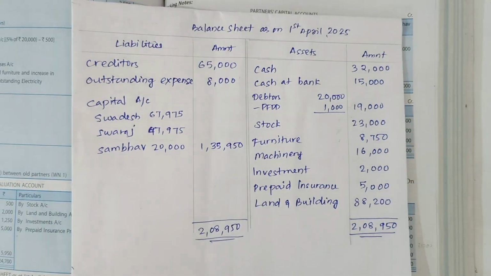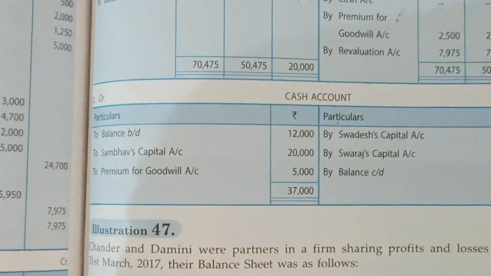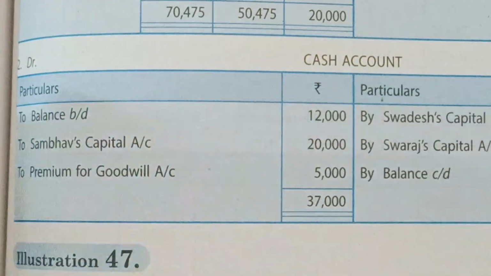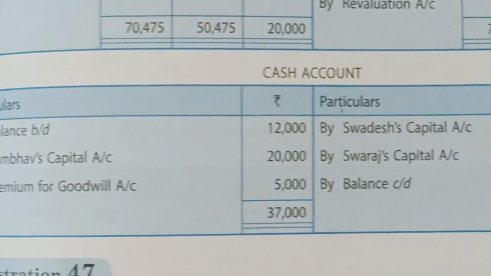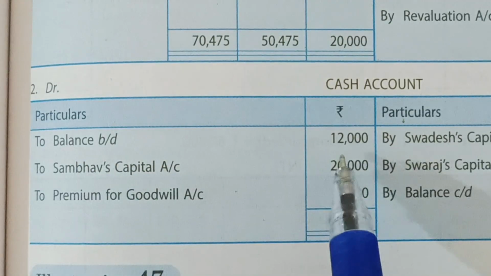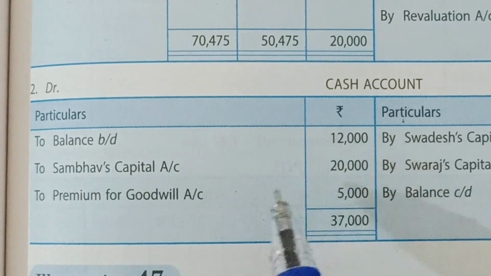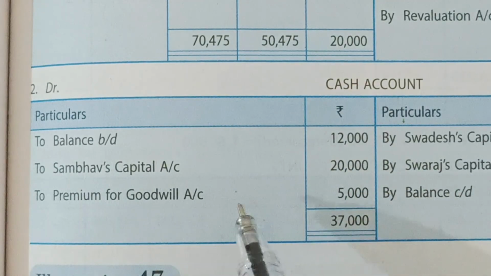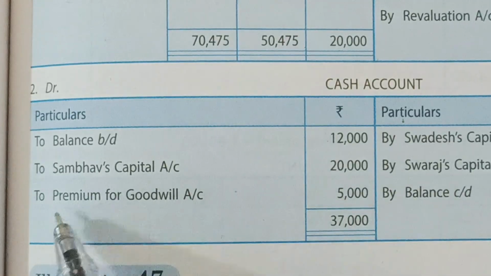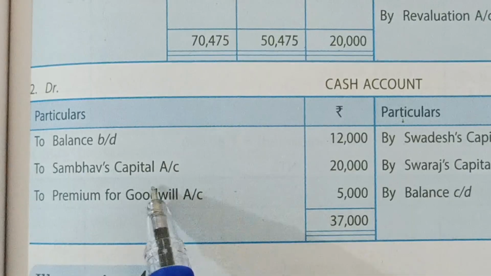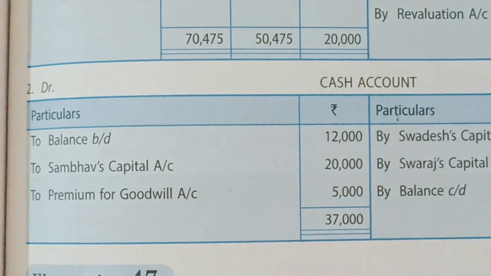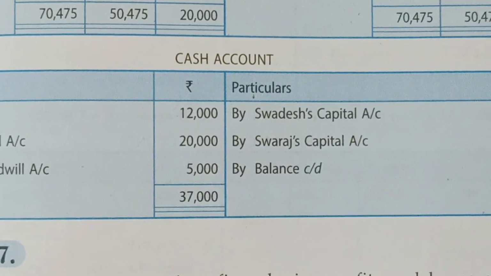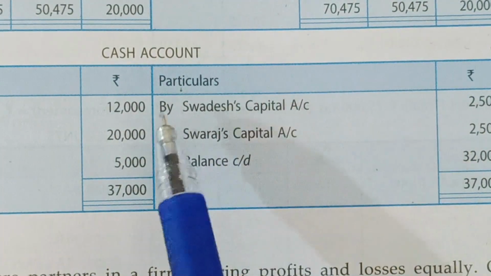So that's it. So this is the cash account prepared. You can see this is the opening balance which was in the balance sheet, and there is a record for premium for goodwill brought by Sambhav. It was recorded cash account debit to premium for goodwill. So premium for goodwill is recorded in the cash account, and partners have withdrawn the premium for goodwill, that is also recorded.